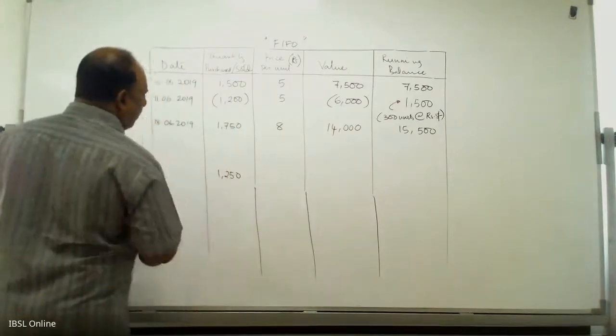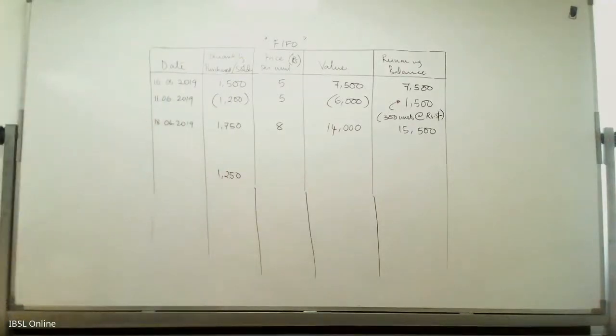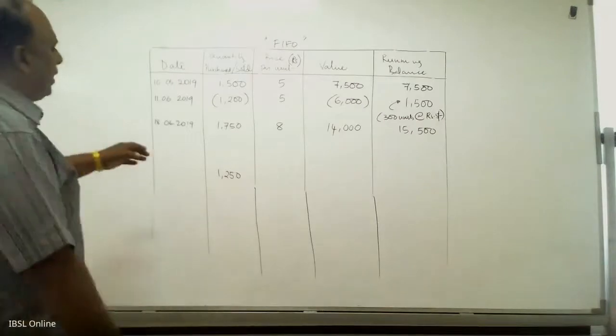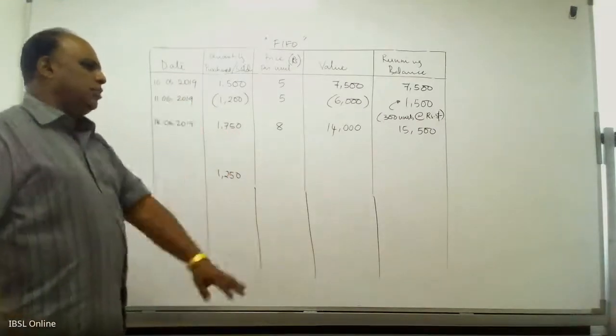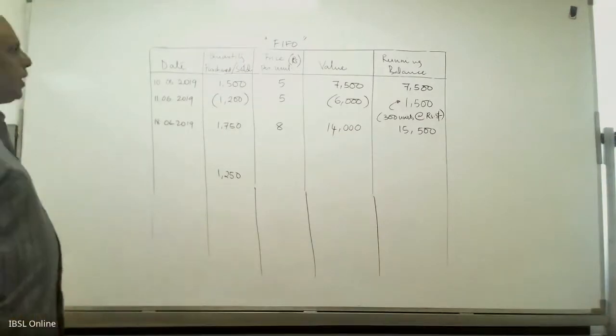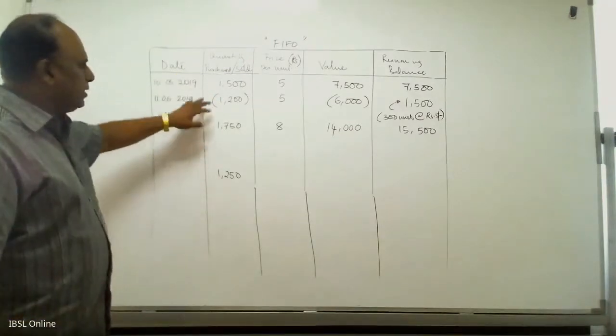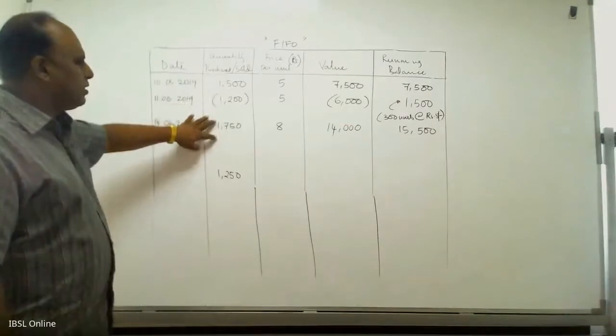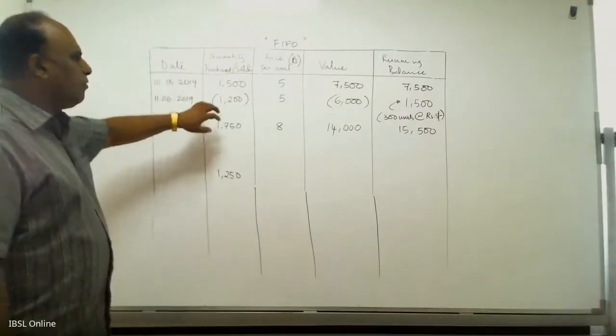Don't write. We are just trying to analyze how this is going to happen. Now the 1,250 can be issued in many ways. Straight away you can take from this and issue the 1,250 units, or you can take the cumulative balance, that is 300 plus 1,750 is 2,050, and issue from that also.